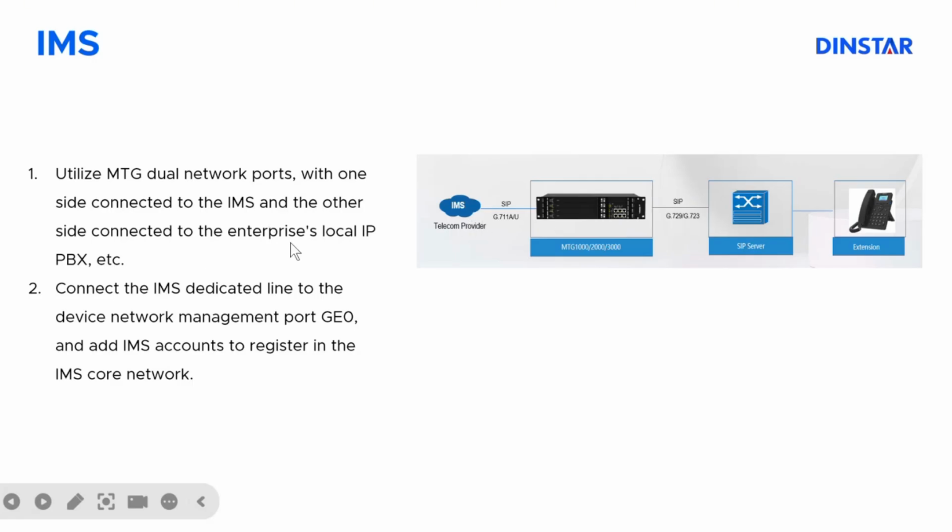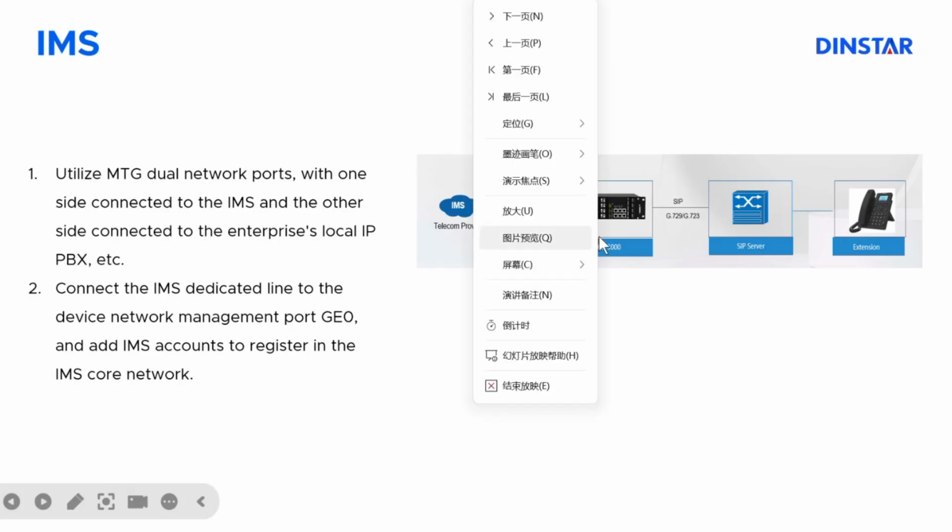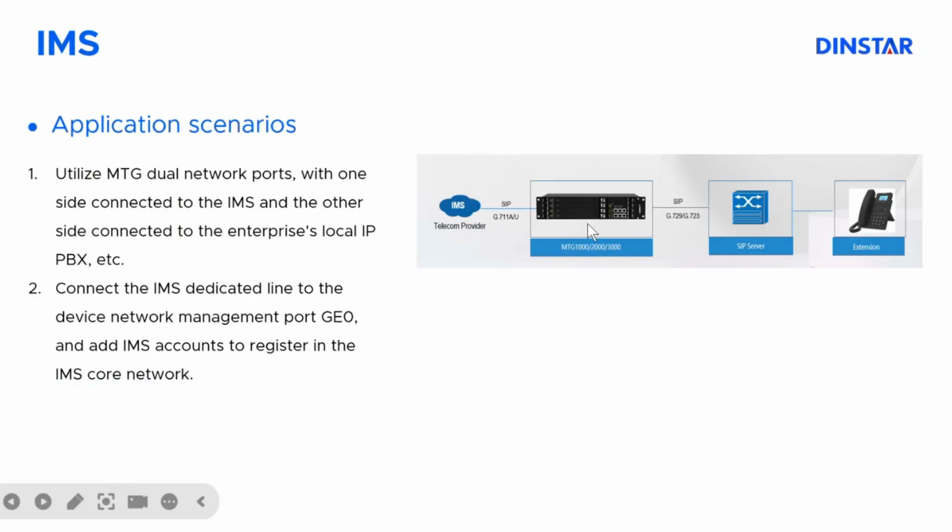Typically, on one side we connect to the carrier, the IMS platform, and on the other side we connect to an internal SIP server or application. So for example, in this setup, the MTG connects to the IMS, and the other side is connected to the SIP server, and the extensions just register to the SIP server.